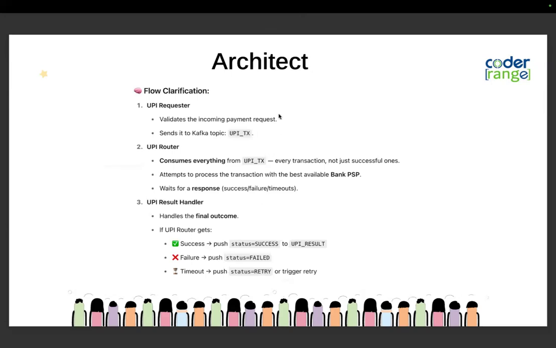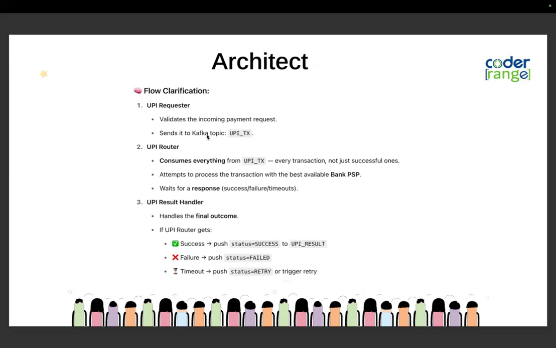Now I'll go step by step through the flow, okay, to everyone so that you can understand and you can ask cross questions also. I'm open for your questions, guys. So what is the step-by-step flow internally in the architecture? The UPI requester will validate the incoming payment request.